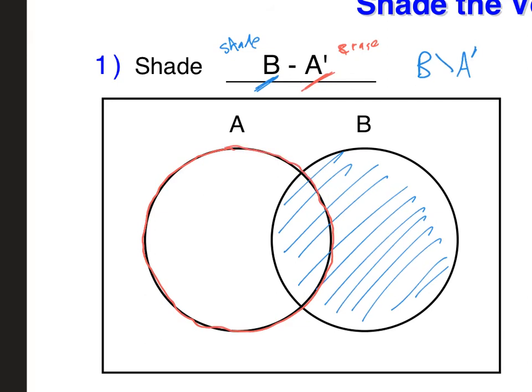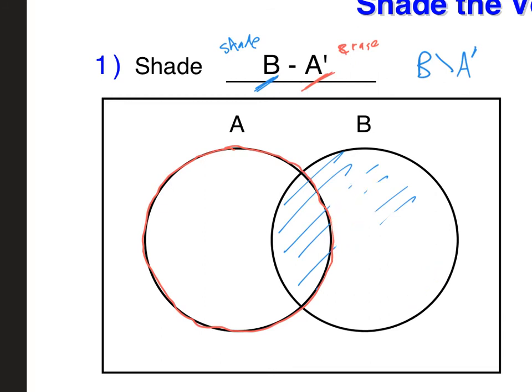So we're going to take an eraser, and we're going to erase everything that is not in set A. And for this problem, that would be this portion that was in set B but not set A. So our end result, the intersect between these two is shaded, but nothing else has been shaded.